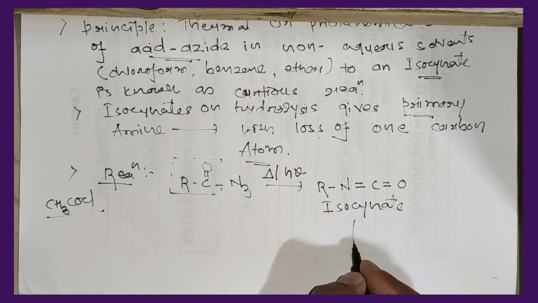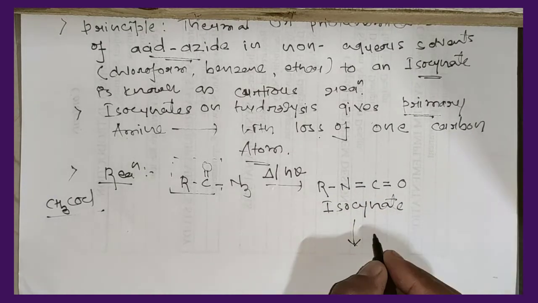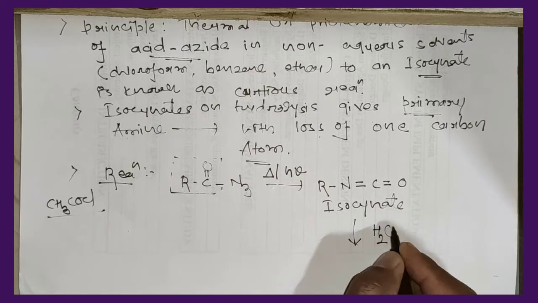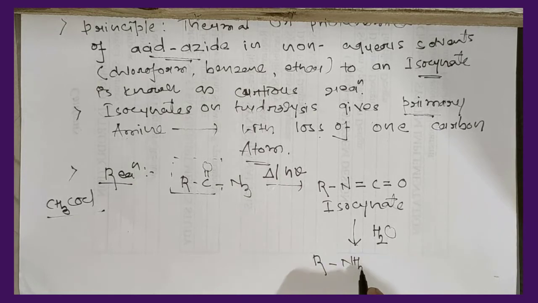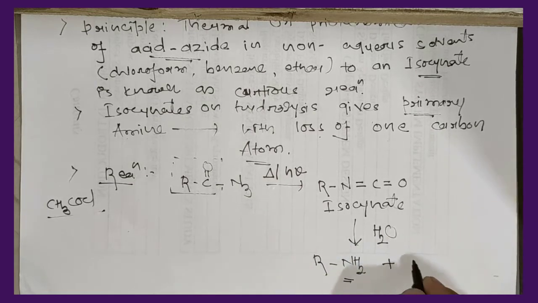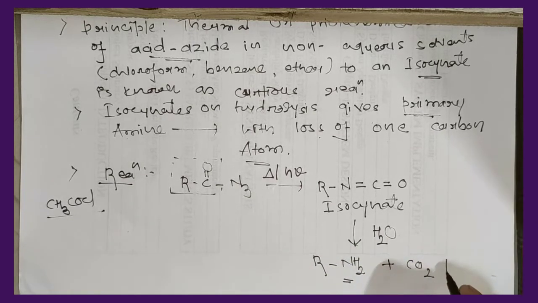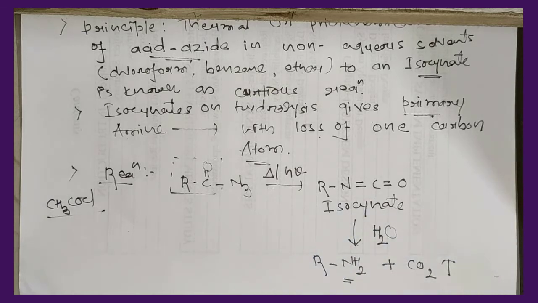This isocyanate on hydrolysis, or addition of water, is converted to primary amine only, and the side product is carbon dioxide gas, right? So your intermediate product is isocyanate, final product is primary amine. Clear? So the important question is how to prepare the acyl azide.